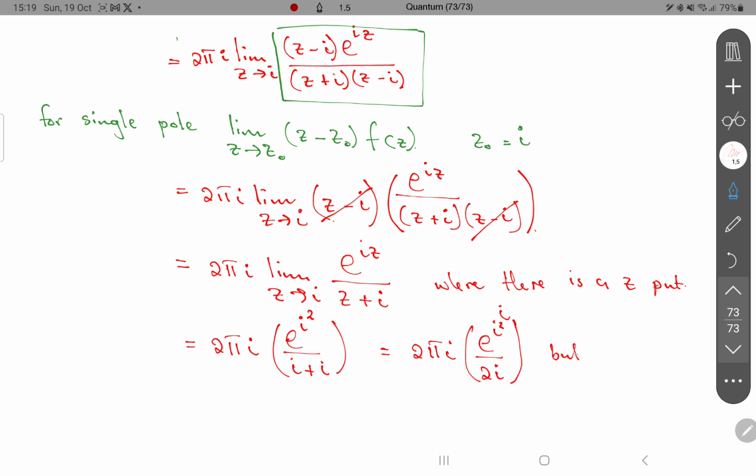But you know that i squared equals -1. So we are going to have 2 pi e to the power -1 divided by 2i, or I left another i here. So this 2 will cancel, this i will cancel, and we'll end up with pi e^(-1). That is the answer: pi over e.